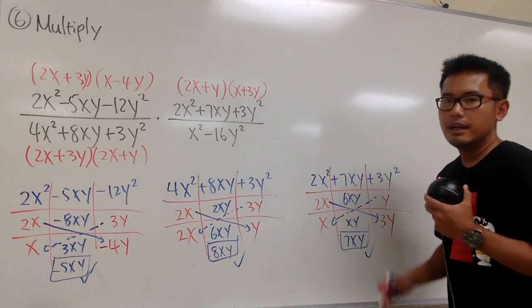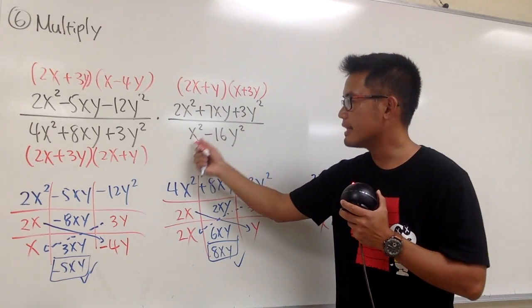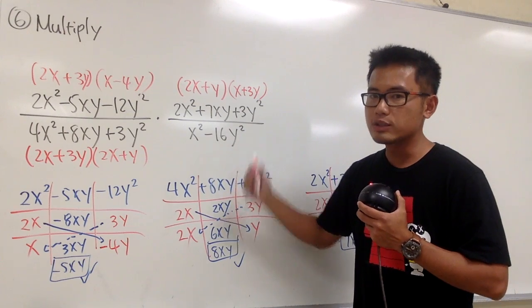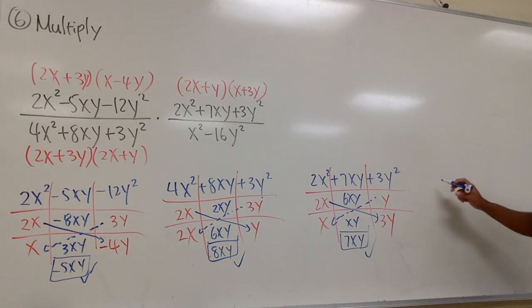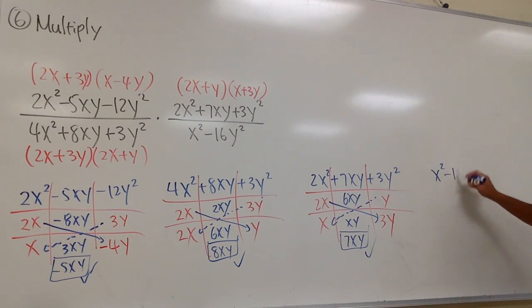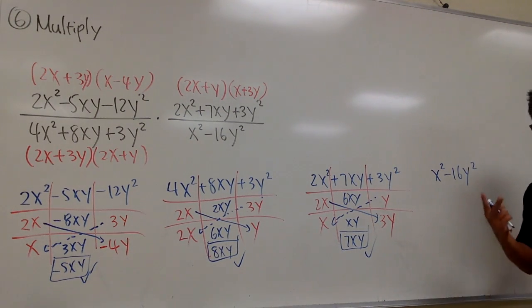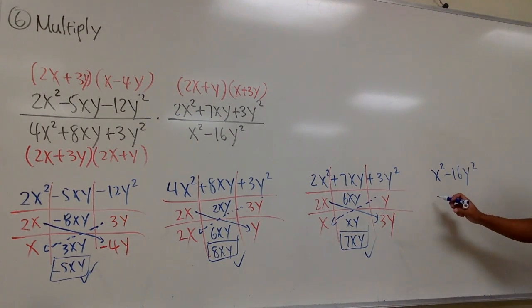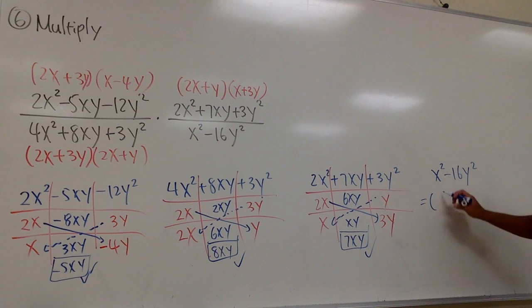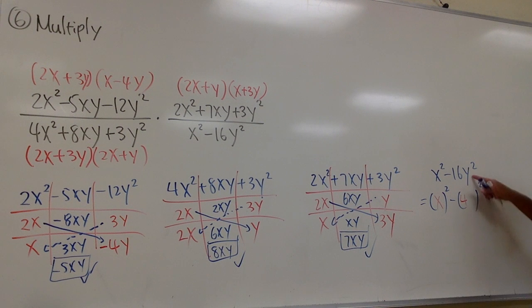Okay? And finally, for this right here, x squared minus 16y squared, let me just do that right here for you guys real quick. X squared minus 16y squared, it has only 2 terms, isn't it? And to do this, we look at this as x squared minus something squared. This is 16, so I have to put down 4 inside, because 4 squared is 16. And then I will also have to attach the y, right?